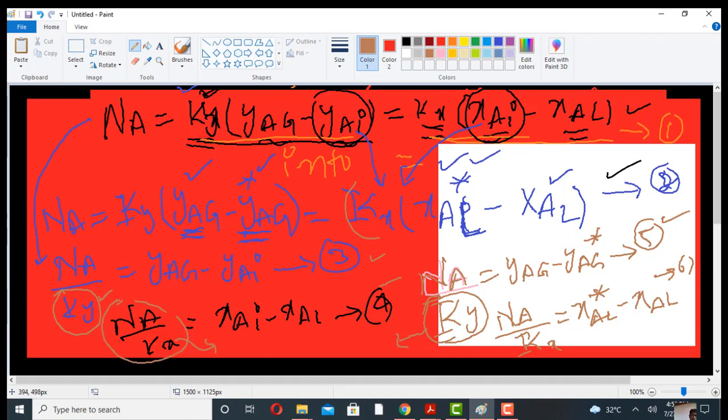So from equations number 3, 4 and 5 we will find the relation between the individual and overall mass transfer coefficients.